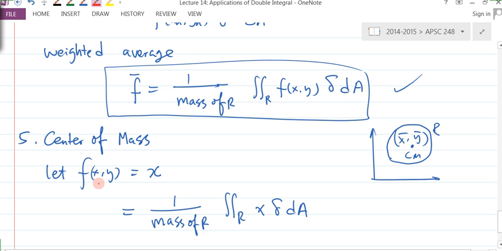Right now, the function f is x, so this side is simply x bar, the average value of x. So what's the x value? Basically, you pick any point up to here, so there's x.